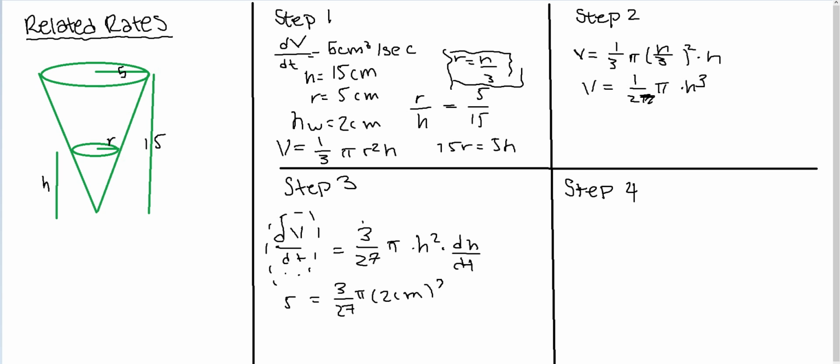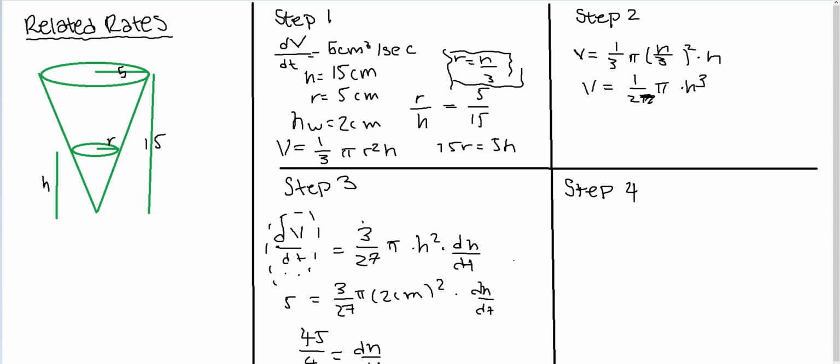And we also know that dh/dt is what we are looking for because we're looking for how fast the water level is rising when the height is 2 centimeters deep. So we can go ahead and distribute all of this, and we end up with 45/4 is equal to dh/dt.